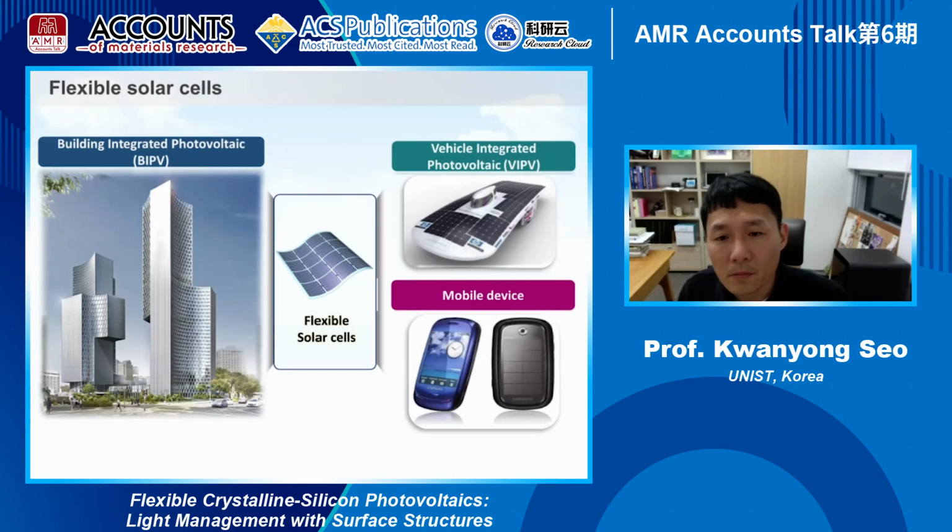If we realize the flexible solar cell, we can easily spread our solar cell technology into our daily life. And we can integrate this technology into buildings as building-integrated photovoltaics, or onto vehicle surfaces, even on mobile devices.